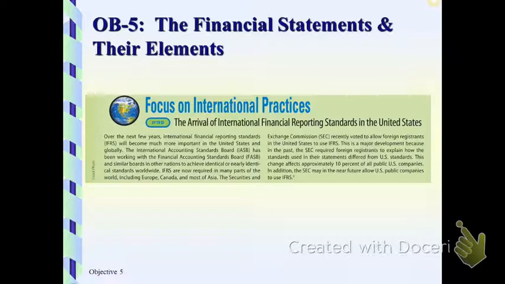The International Financial Reporting Standards are now required in several countries. And our Securities and Exchange Commission has recently voted to allow foreign registrants in the U.S. to use international financial reporting standards in the U.S. So that's an important shift, and we need to keep that in mind as we look at the future of financial accounting.